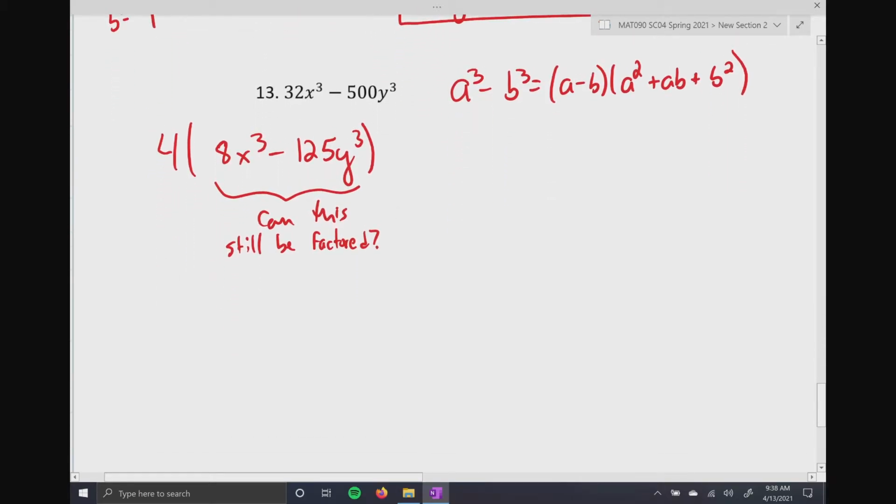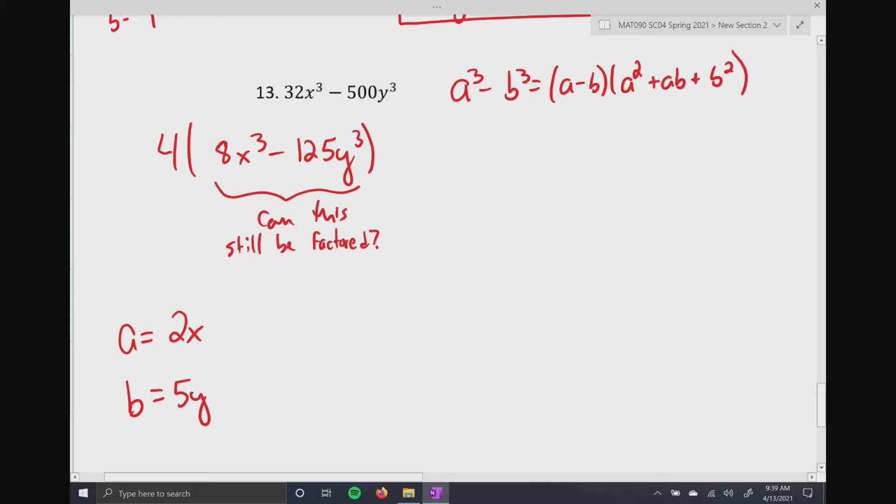Now I need to figure out what is going to be letter A and what is going to be letter B. So for letter A, what number cubed equals 8? 2x. Good. So letter A is going to be 2x. Letter B in my formula: what number cubed equals 125? 5. Good. So the second one is going to be 5y.